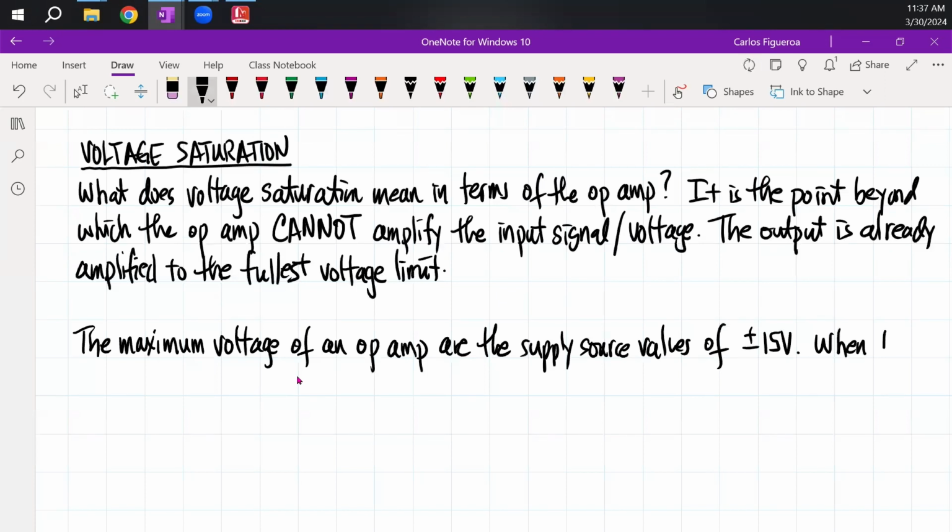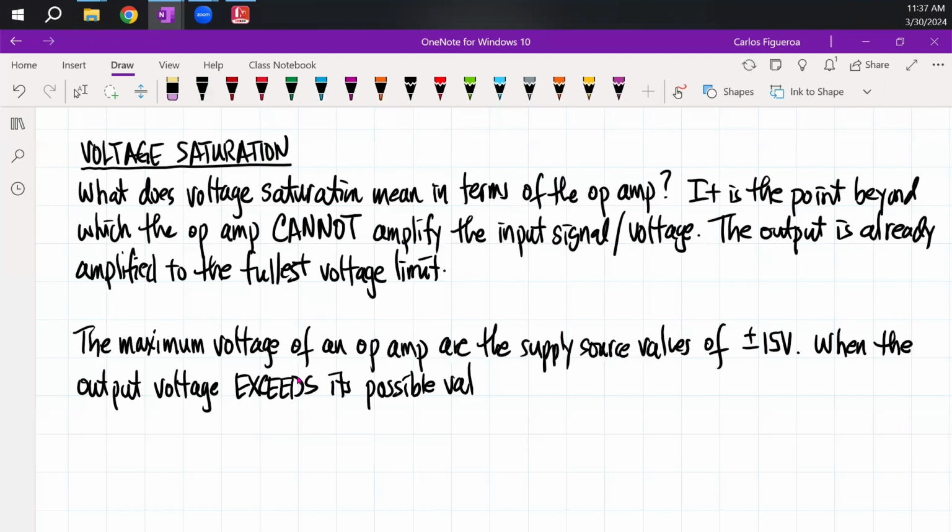When the output voltage exceeds its possible value, the op amp is said to be saturated.